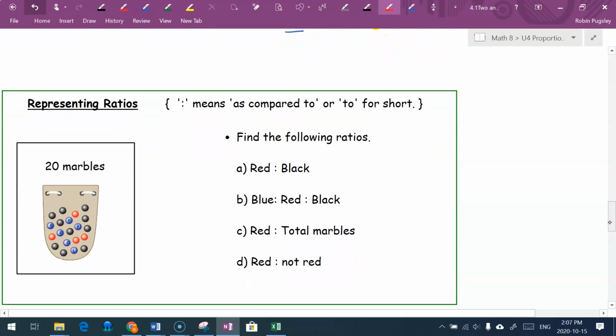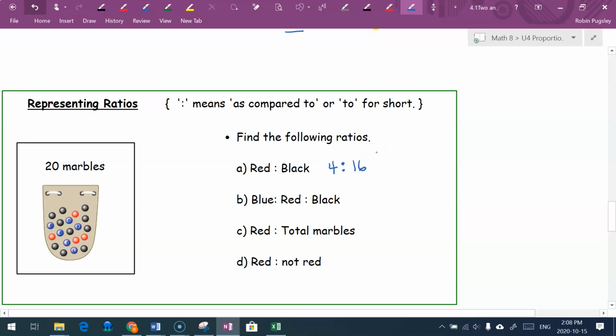You can write ratios given a situation. So if I wanted to write a ratio of red marbles to black marbles, I would just count up the number of red marbles, and I'd count up the number of black marbles. And marbles are common units, so I don't have to write the word marbles twice.